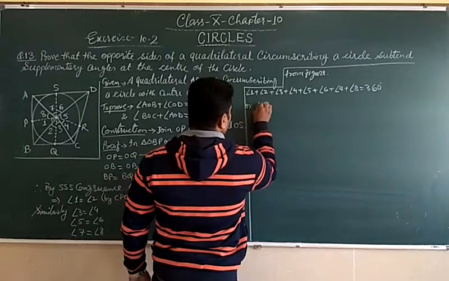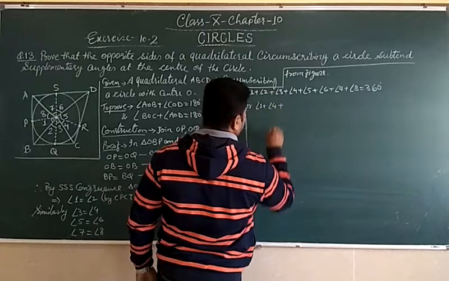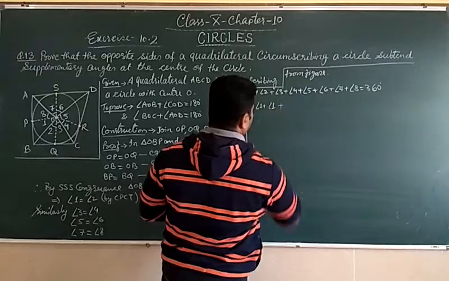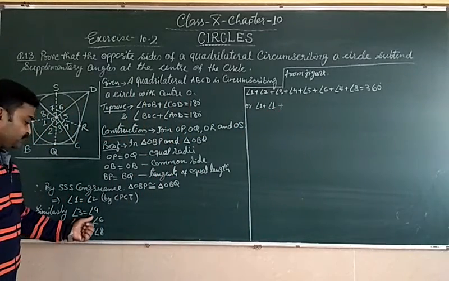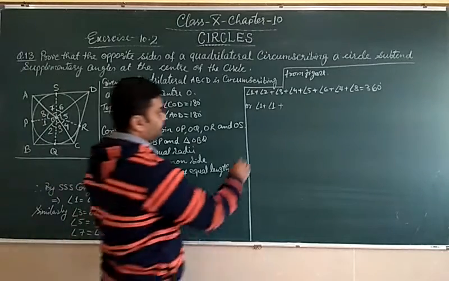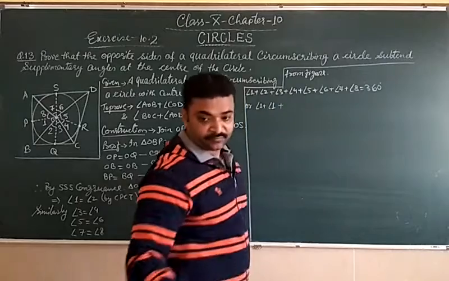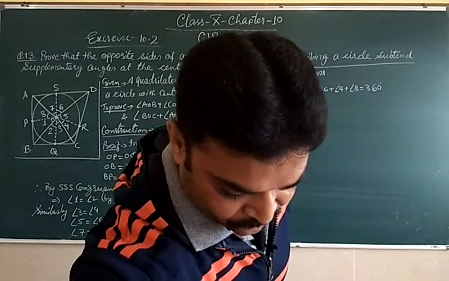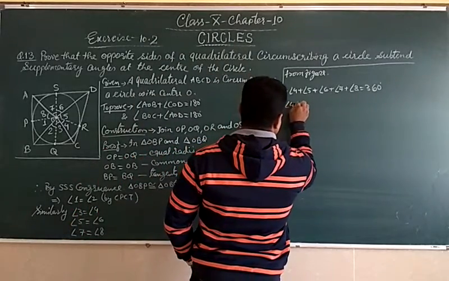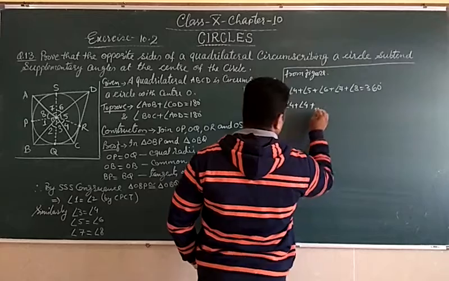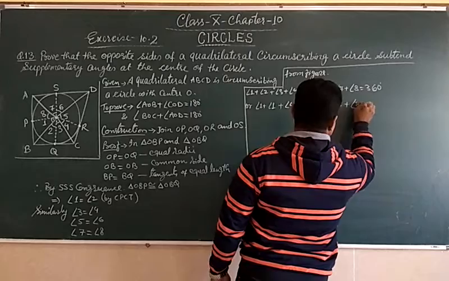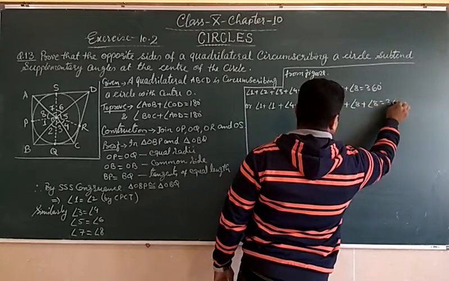Angle 3 is equal to angle 4, so we can write angle 4 in place of angle 3. Similarly we can write angle 5 plus angle 5 plus angle 8 plus angle 8, and the total is equal to 360 degrees.